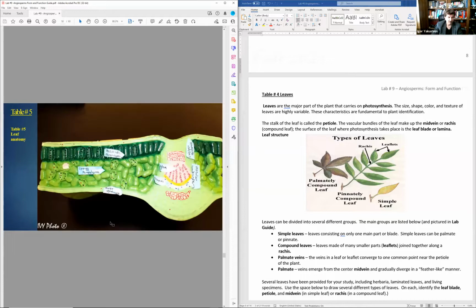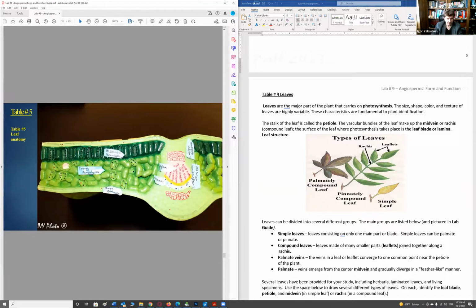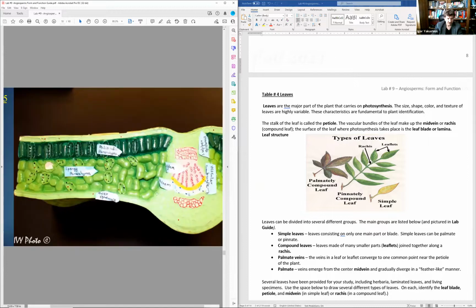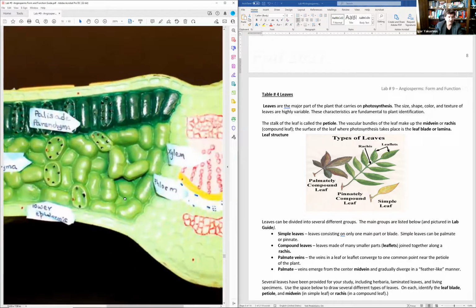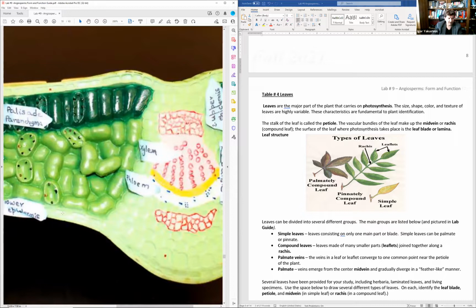Let me increase the magnification, and let's take a look at this. Upper epidermis, lower epidermis, vascular bundle, essentially a vein, and the vein is made out of the mechanical support, which is sclerenchyma. Now we're looking at the large diameter vessels, that's the xylem, the phloem, and the yellow line is the vascular cambium, which produces vascular tissues.